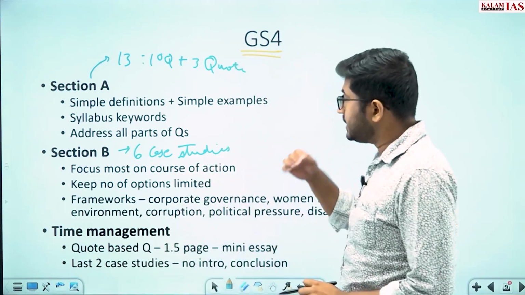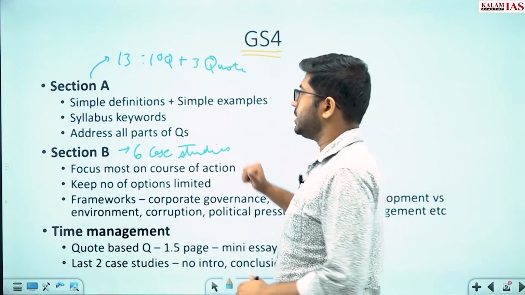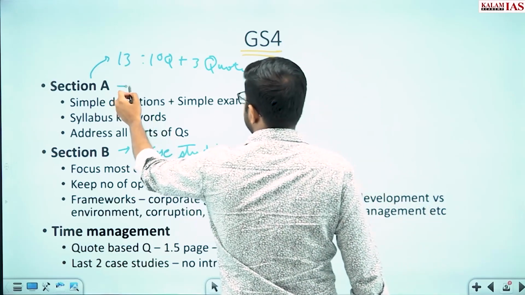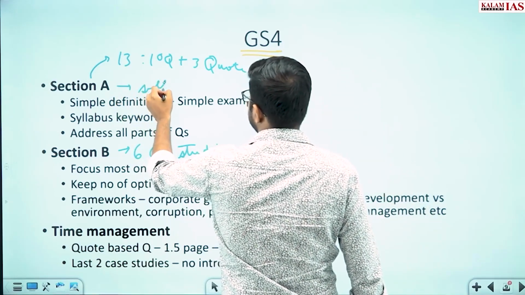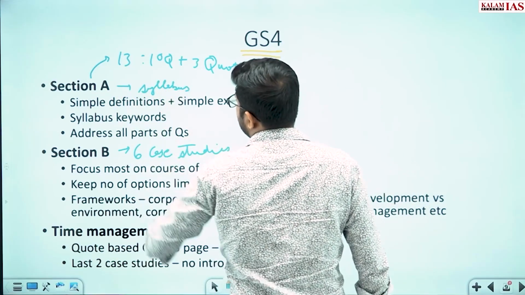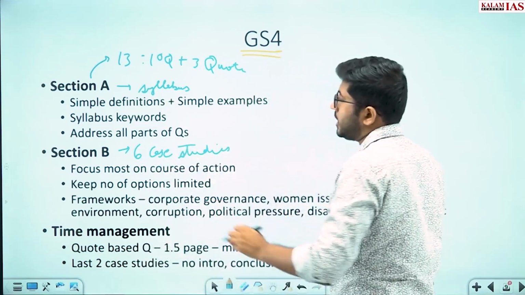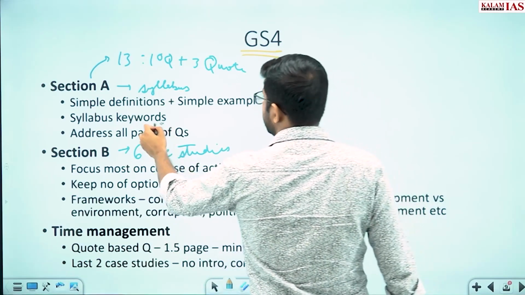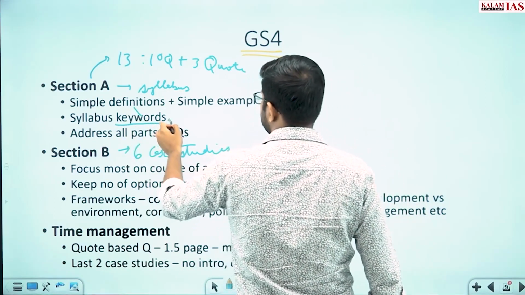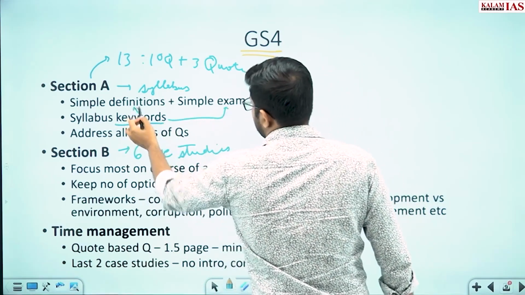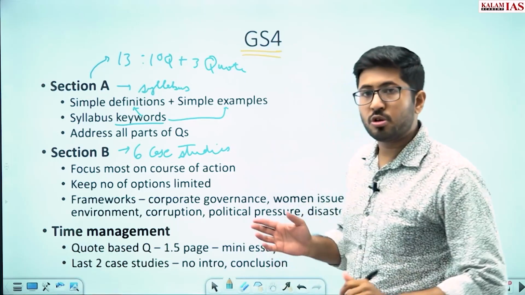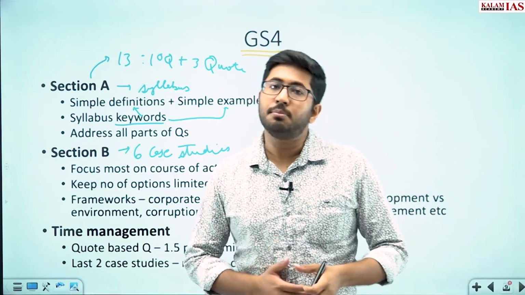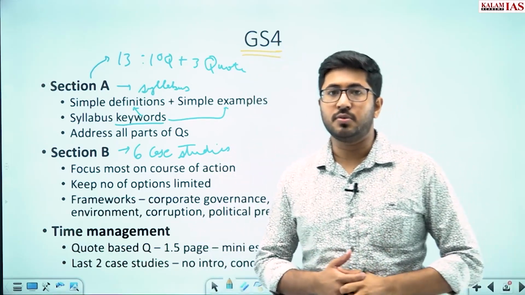So in section A you have to stick to the syllabus, prepare simple definitions and simple examples of the keywords given in the syllabus and use them in your answers. That is the simple strategy you have to follow. You have to pick up the keywords from the syllabus, prepare definitions and simple examples. The more bookish, the more complex the definitions or examples you use, the lesser marks you will get.